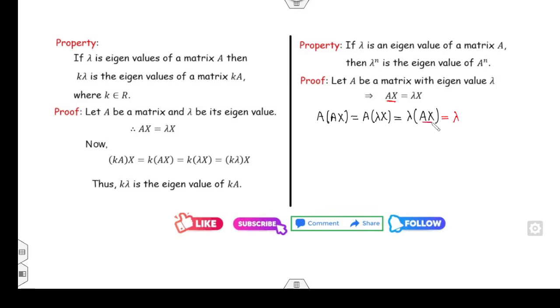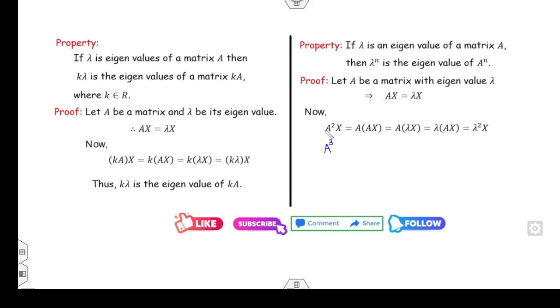So lambda into lambda is lambda square X. And this side I can write as A square of X. What does it imply? Lambda square is the eigenvalue of A square.